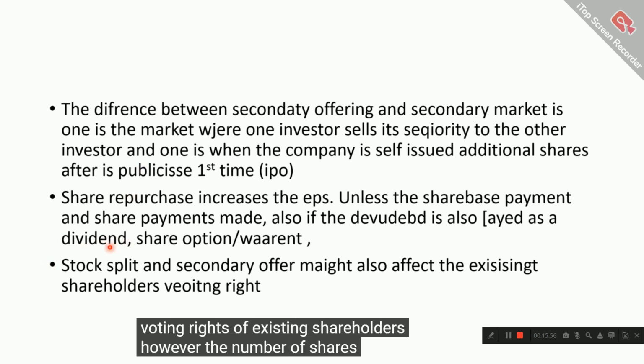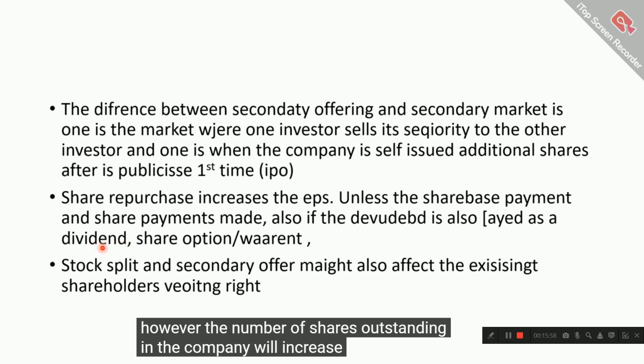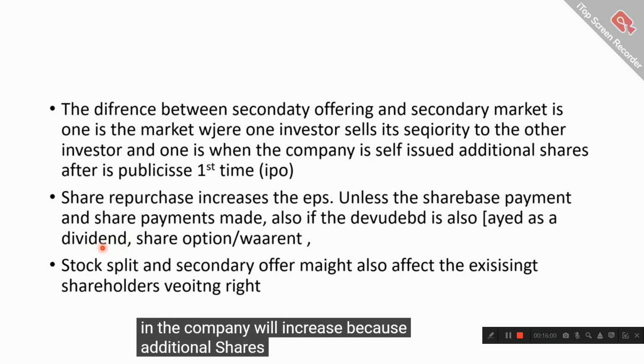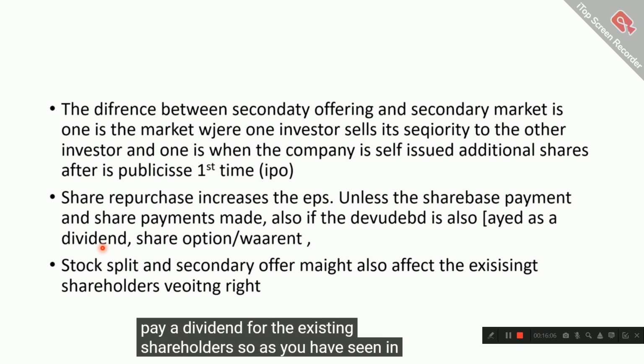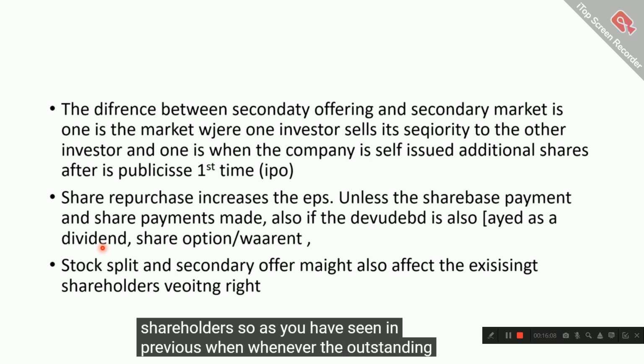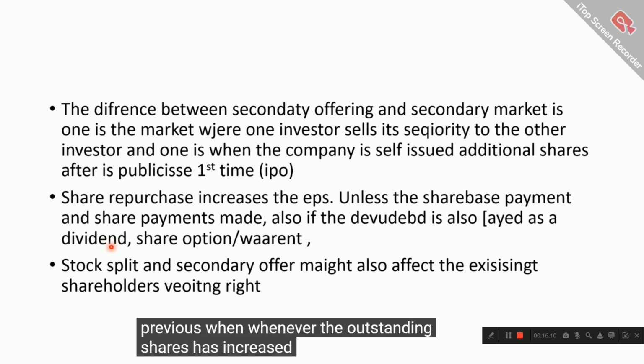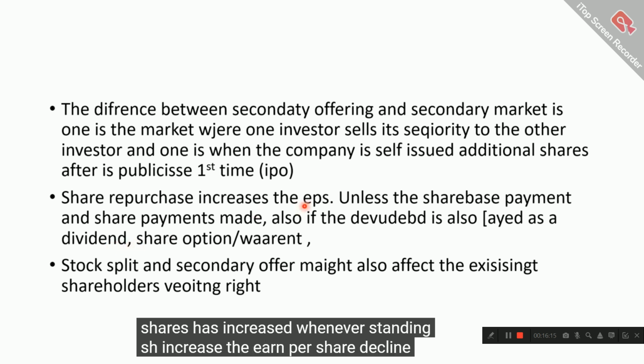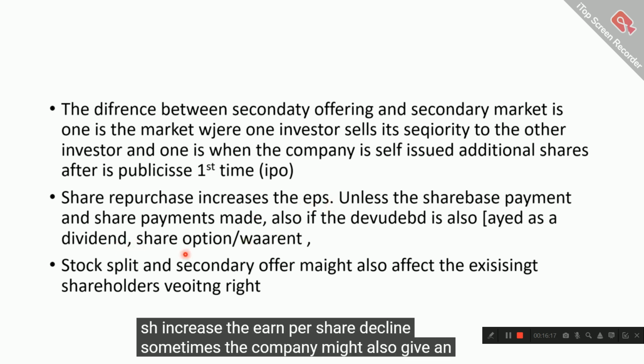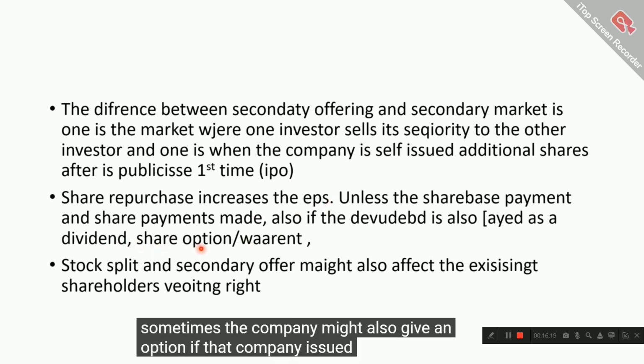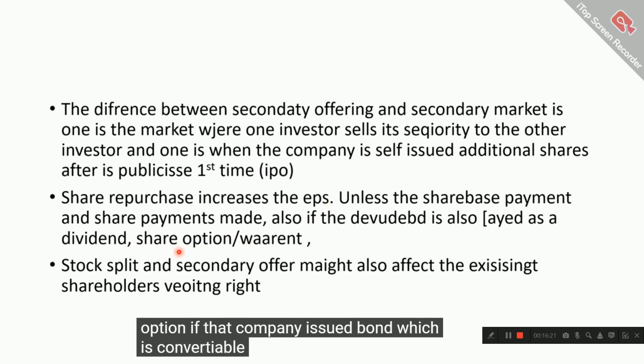As you have seen previously, whenever outstanding shares increase, the earnings per share decline. Sometimes the company might also give an option. If the company issued a convertible bond, which we have seen previously, and the bondholder wants to exercise this option, he will convert the bond to shares.